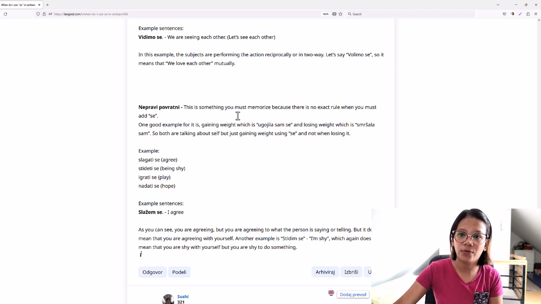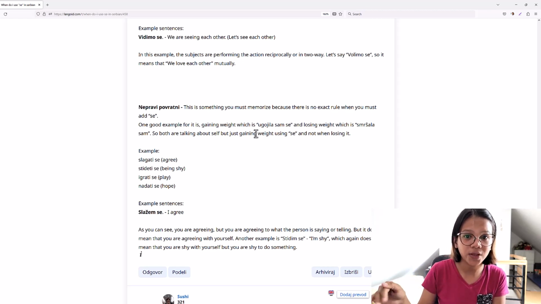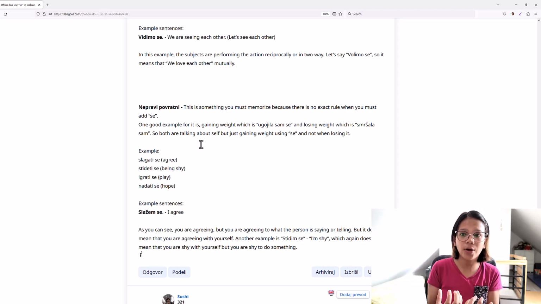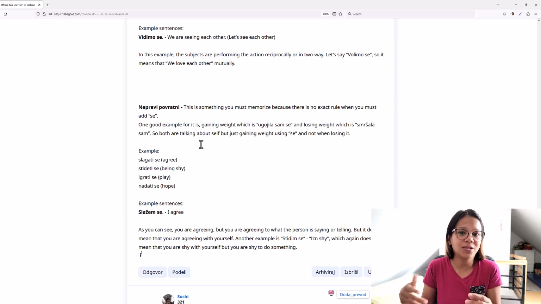One example is gaining weight, which is ugojila sam se, and losing weight, which is smršala sam, without se.